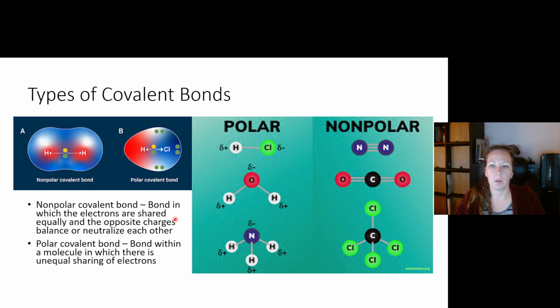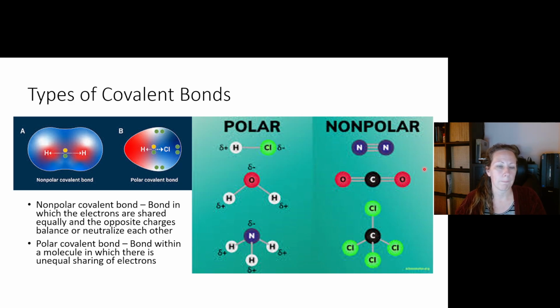And so that is going to result in an unequal charge. This unequal sharing of electrons is going to cause kind of a pulling effect, and the electrons will not be distributed equally in the molecule, and the atoms, because of the charge, will kind of be pulled in a different direction than if it's nonpolar.